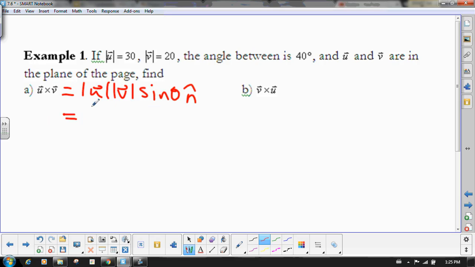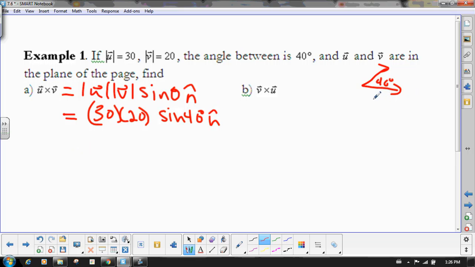So for this one, if I do a little sketch, the angle between them is 40 degrees. So I have 30 multiplied by 20 times the sine of 40 degrees n hat.